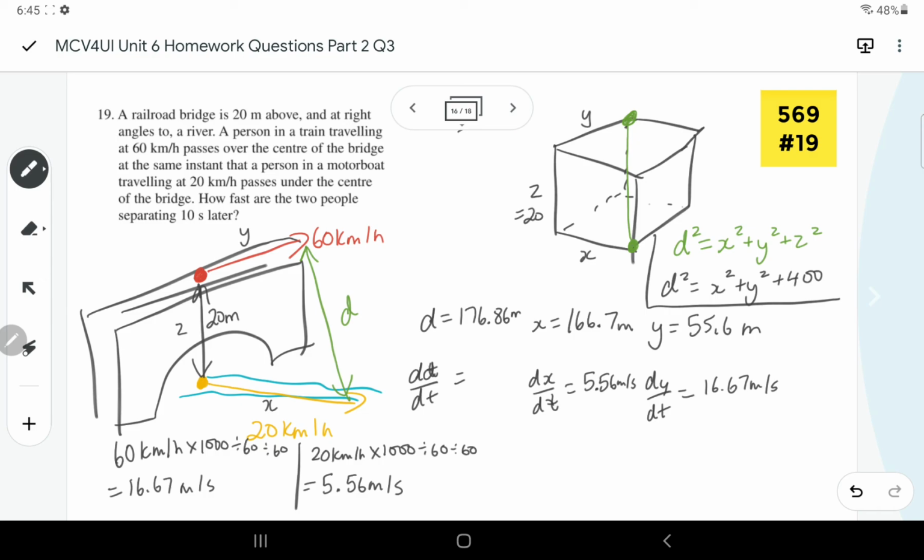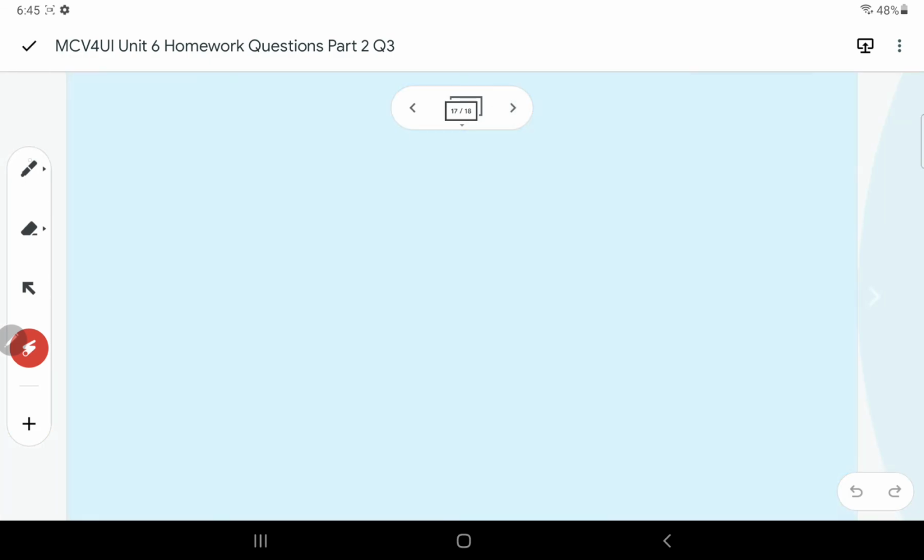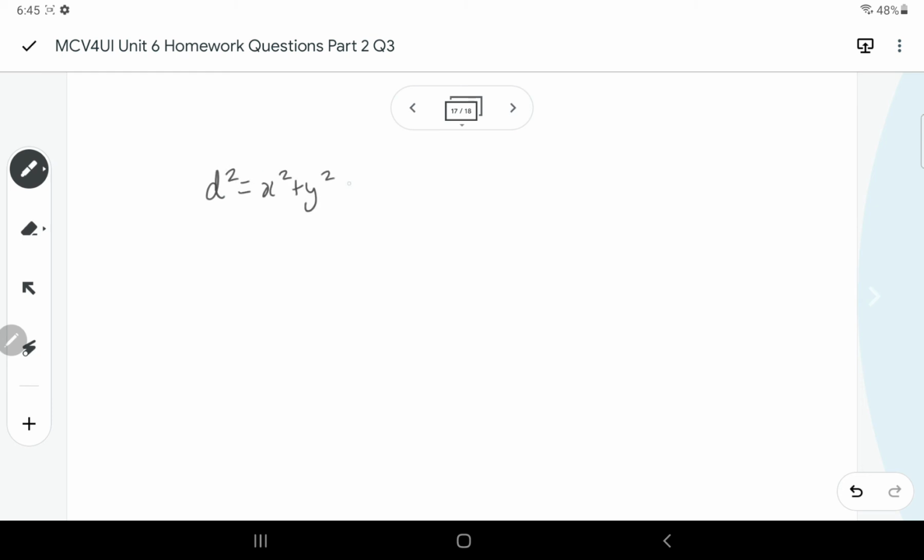So this is all just preliminary work. We haven't actually even done any derivatives, but the derivatives are really the easier part. So I know I've got this equation here, and I'm just going to need to make a second slide. I know that d squared is x squared plus y squared plus 400, and I had my values for d, x, y, dx dt and dy dt. So I'm just going to do the derivative of all of these, remembering that d and x and y are all just functions of time.